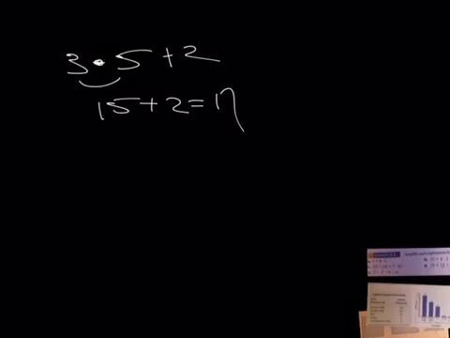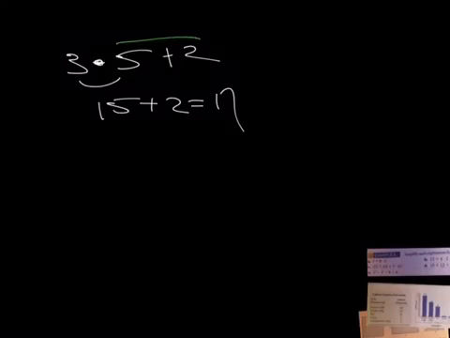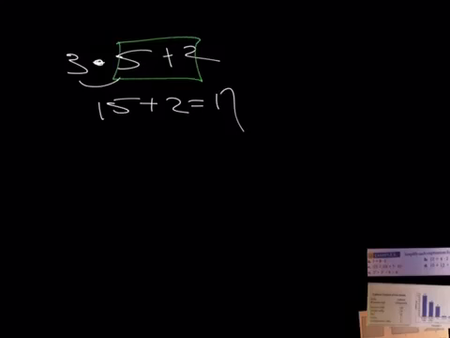Now, way back in the olden days, a bunch of math geeks got together, and they decided that if I'm going to string some numbers together, like 3 times 5, that's supposed to be a dot, plus 2, is that 3 times 5 is 15 plus 2 is 17, or is it 5 plus 2 is 7 times 3 is 21?